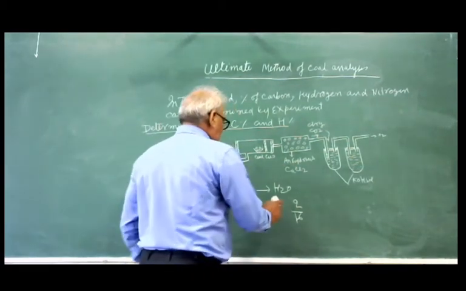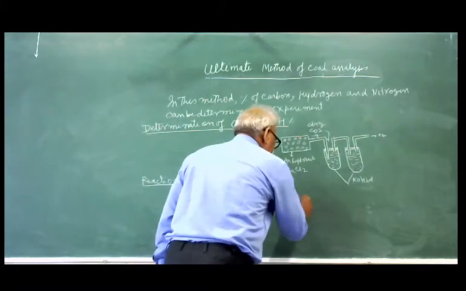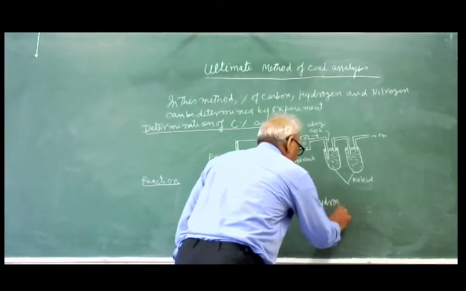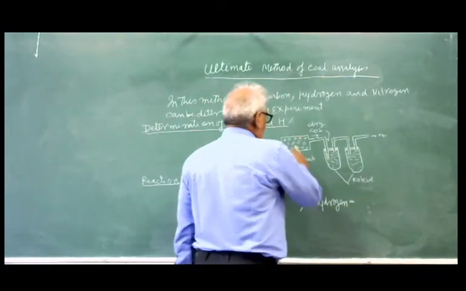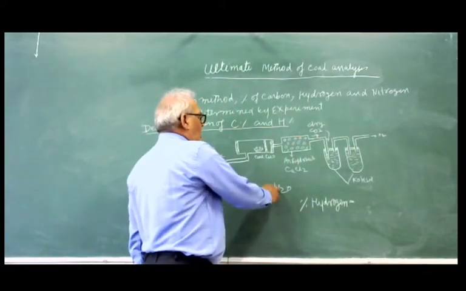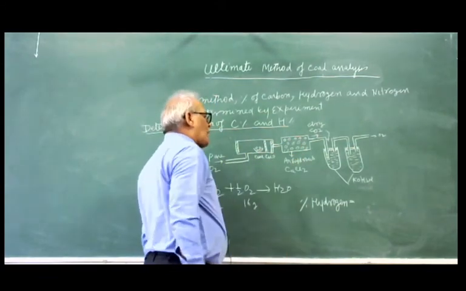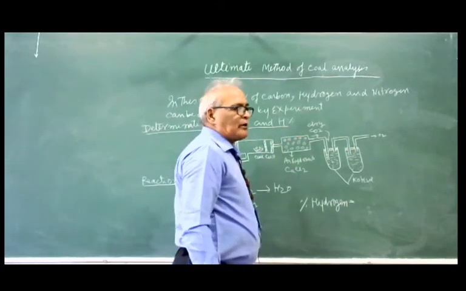So you can write here the percentage of hydrogen is equal to, just see here, hydrogen will change into H2O, which will pass into anhydrous calcium chloride. So the weight of anhydrous calcium chloride will increase.